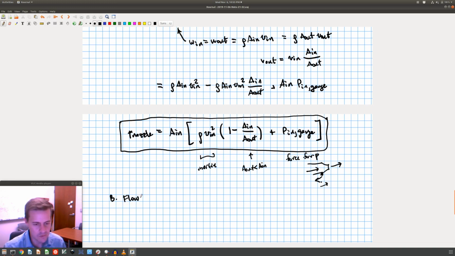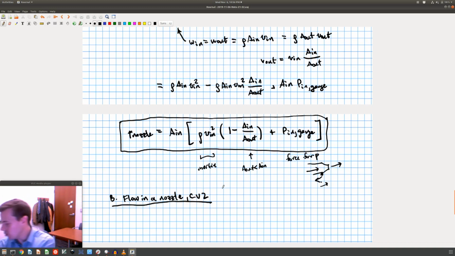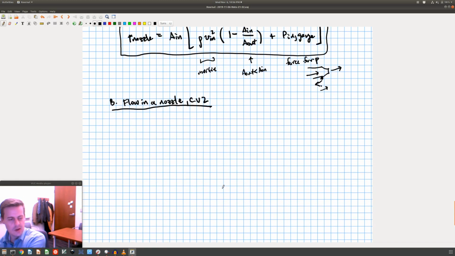So this will be flow in a nozzle with control volume 2. I wanted to do this example to show you how the control volume affects your analysis as you get to the end answer.